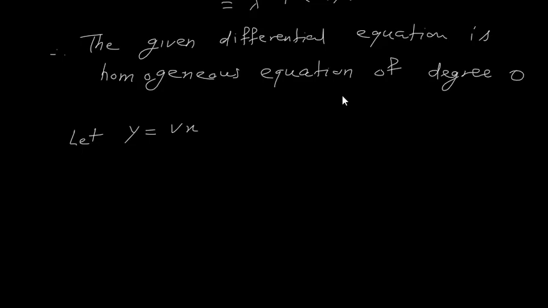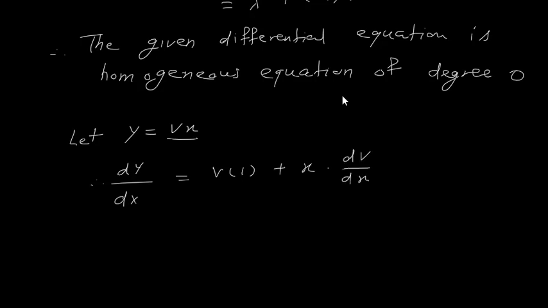Therefore find out what is dy upon dx. Here you will use the u into v method, so it is v into derivative of x, which is 1, plus x into derivative of v, which is dv upon dx.